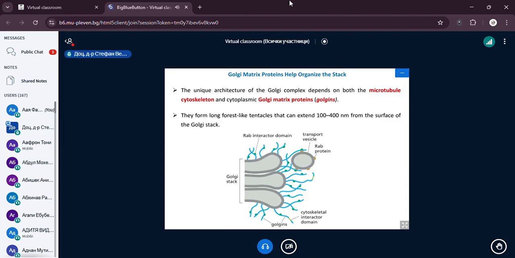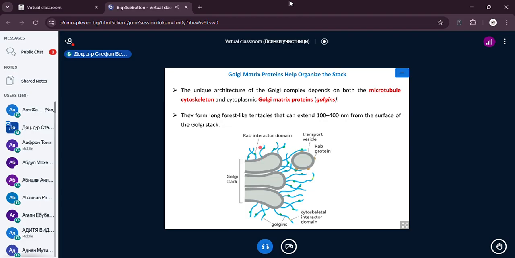This unique organization of the dictyosome and Golgi apparatus depends on both the cytoskeleton, most specifically the microtubules of the cytoskeleton, and the so-called cytoplasmic Golgi matrix proteins named Golgins.